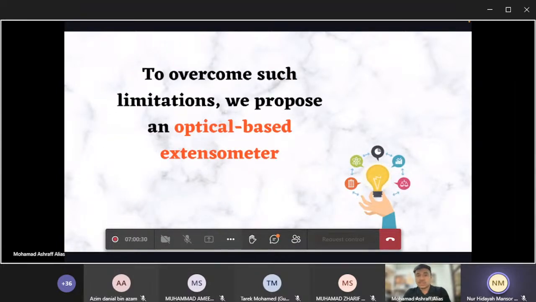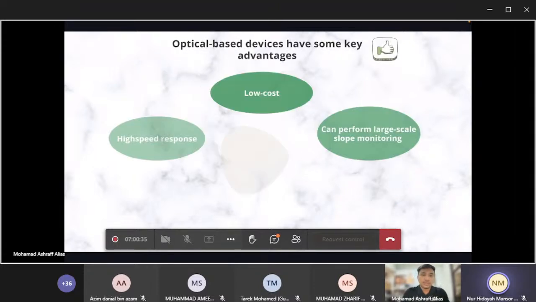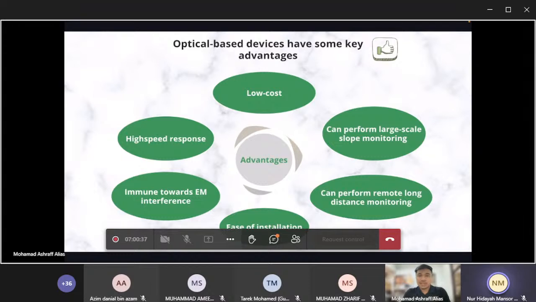Therefore, to overcome such limitations, we propose an optical-based extensometer. Optical-based devices have key advantages: they are low cost, can perform large-scale slope monitoring and remote long-distance monitoring, are easy to install, are immune to EMI, and give a high-speed response.